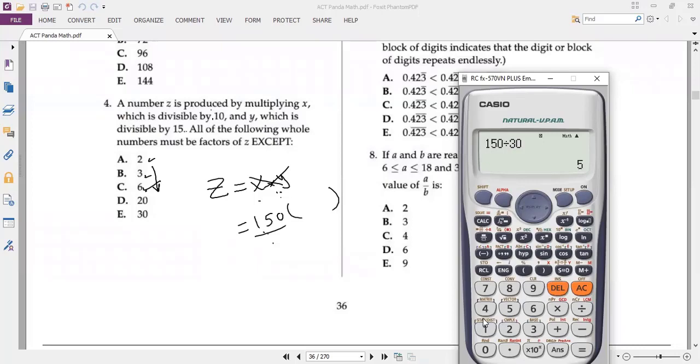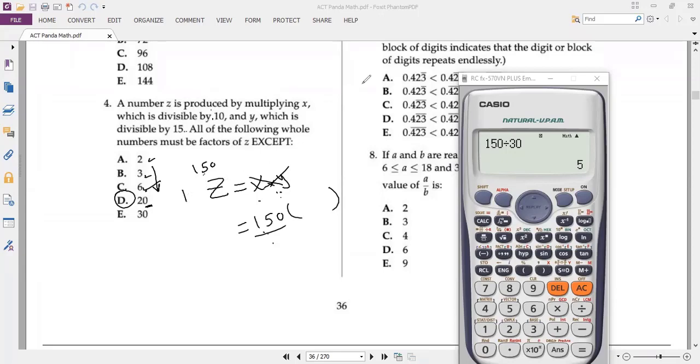So the only cannot is 20. The answer is D, because one of the factors of z is 150. So 150 cannot be divisible by 20. Answer is number 4. Answer is D.